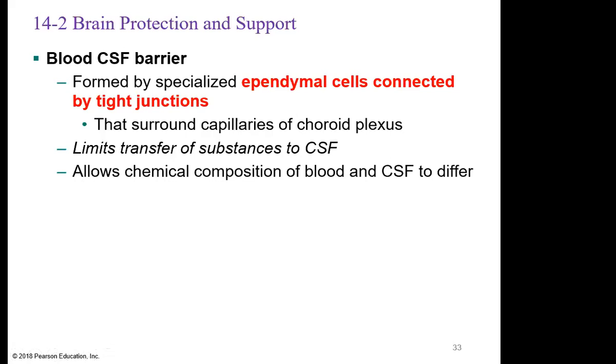So 7.35 and 7.45 are very important numbers in clinical practice, because if you take the pH of someone's blood and they're outside of that range, well, there's a lot of things that can happen if you're below 7.35 and a lot of things that can happen if you're above 7.45. So you have to know what can happen whichever way you go.